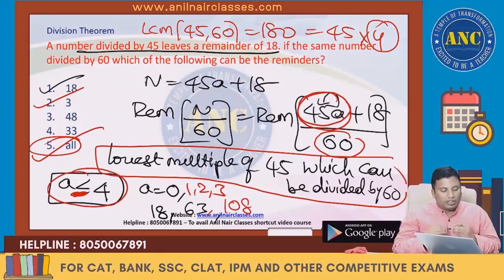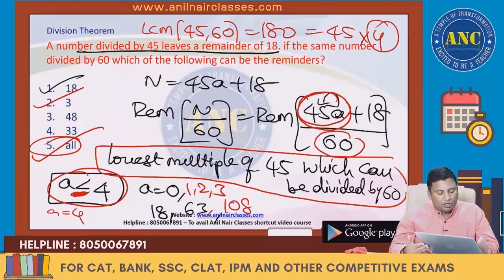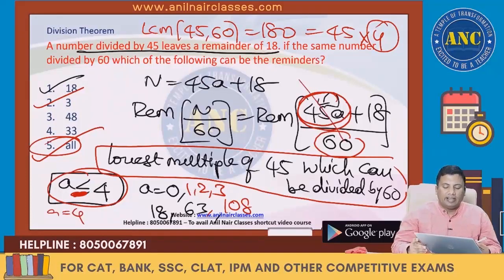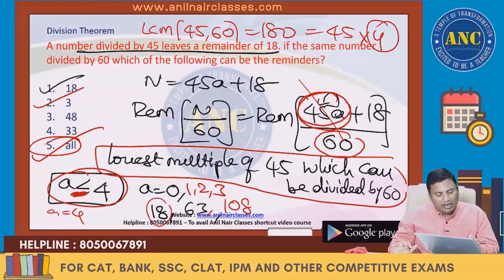Right? If you take A is 4, Hemant, for you, you tell me what is 45 into 4? 180. 180 divided by 60 is perfectly divisible. What is the remainder I got? 18. 18 I already got for 0.